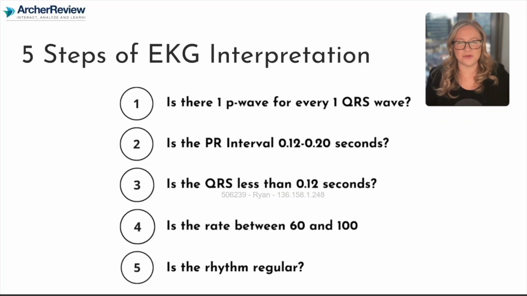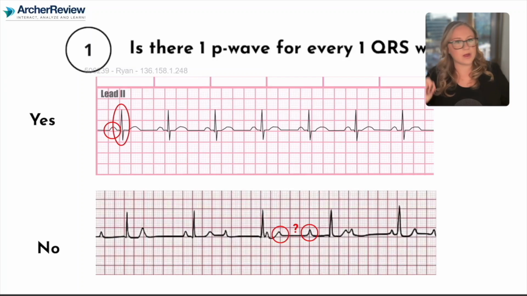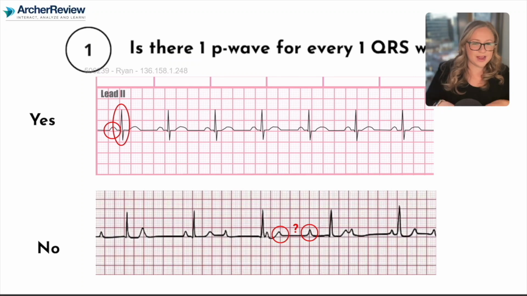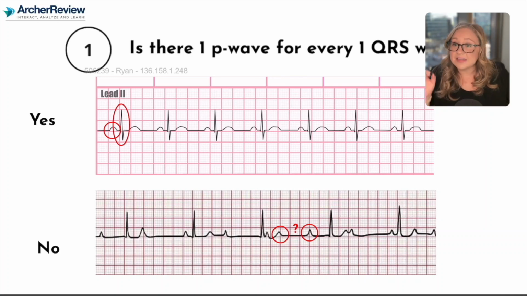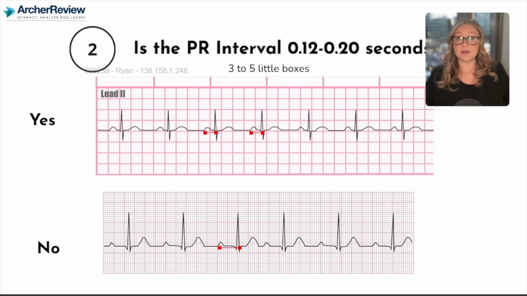So let's review. 5 steps to EKG interpretation. 1 P wave for every 1 QRS wave. We're going to make sure that we see 1 P wave and then 1 QRS wave. Not multiple P waves and then a QRS, or a bunch of QRSs without any Ps. Secondly, we're going to say, is the PR interval 0.12 to 0.2 seconds?